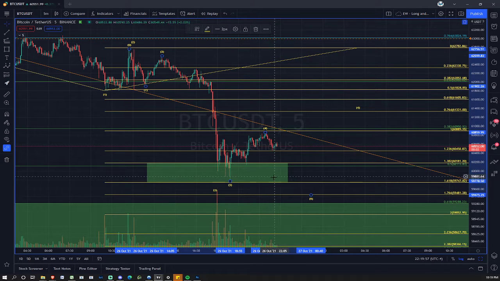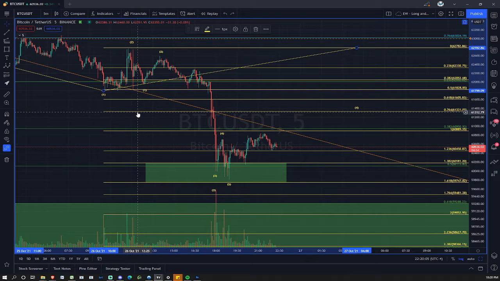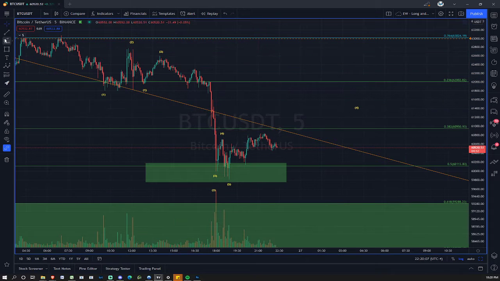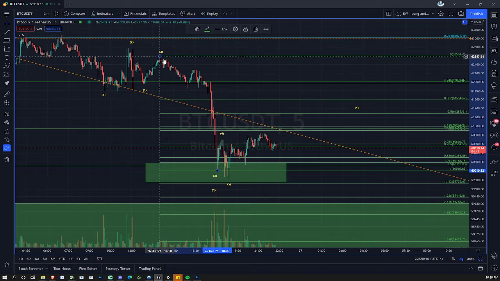So that is a possibility as well. Because I can't really make out, I mean, this looks like a really shallow 4. Let me get rid of this fib real quick here and see what the relationship is between this 3 and that 2.